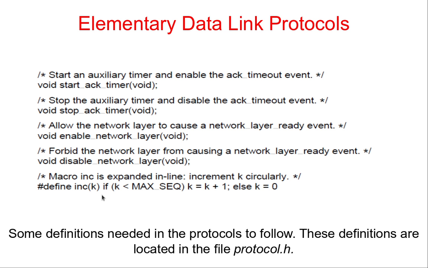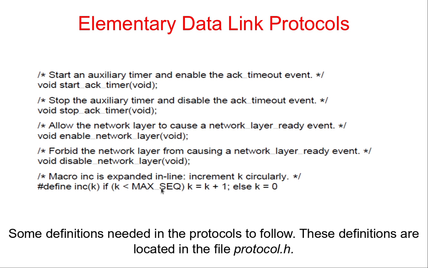The last is one macro defined, which is going to circularly increment one variable k from 0 to some max_sequence. For example, in this case, increment k is the macro, which basically checks whether k is less than max_sequence, which may be anything previously defined, for example 5, 7, or whatever the value is.